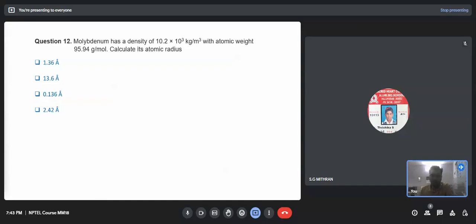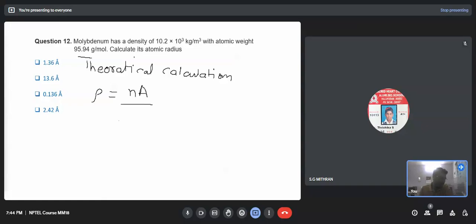So how can we calculate the density theoretically? For theoretical calculation, density will be number of atoms, and A, the atomic weight, divided by volume and Avogadro number.